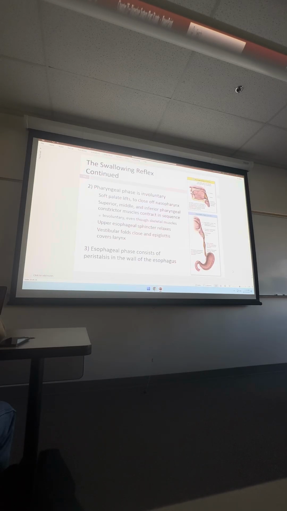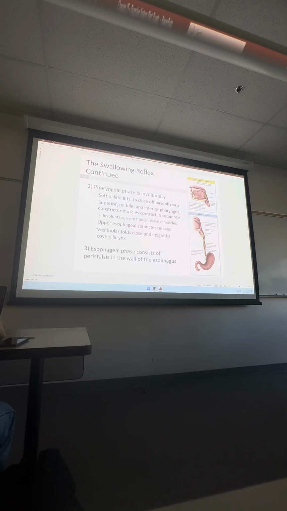Other things that happen in this pharyngeal phase, don't want to mess that up, is that when you swallow, obviously that bolus of food, you want to make sure it clears your trachea. It doesn't go down through the glottis, and it doesn't go down through the glottis because you have a little flap called the epiglottis.